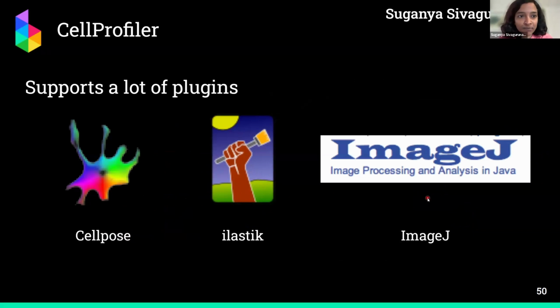Similarly, if you have image scripts that you have already created to identify the objects, they can be integrated into CellProfiler, and you can make a lot of measurements on those as well. You have a lot of plugins, and the links to access those plugins are available in the resource document as well.